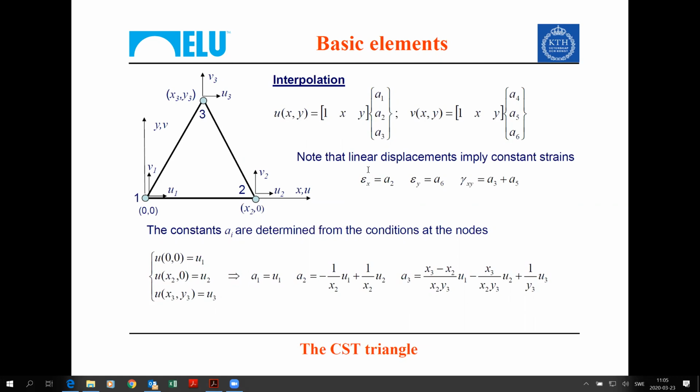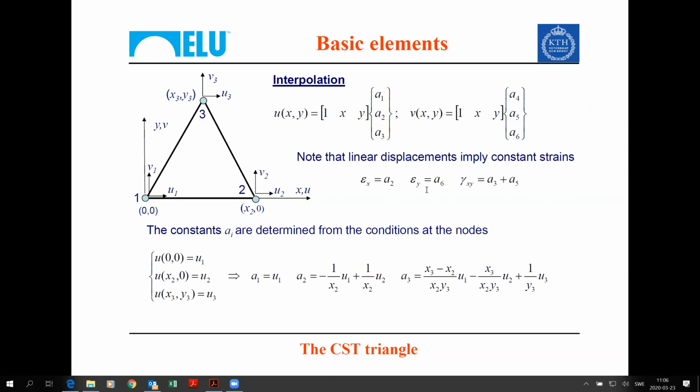Displacements which are linear in both x and y will lead to constant strains. And this is why this element is called the constant strain triangle. It has constant strains. Epsilon x is du dx, so epsilon x will be equal to A2.